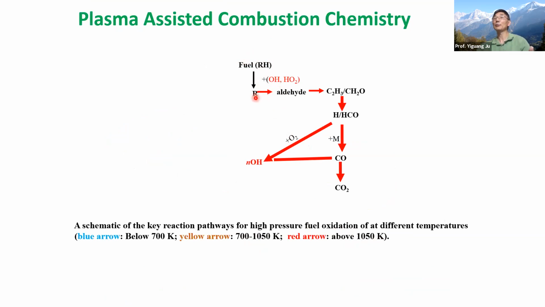That high temperature free radical is not stable and either breaks down to a vinyl radical or is oxidized by OH radicals to form formaldehyde. These continue to be oxidized to form HCO, and this HCO couples with the H plus O2 reaction that forms a lot of OH, and that reacts with HCO to form CO and CO2. This is the high temperature chemistry.